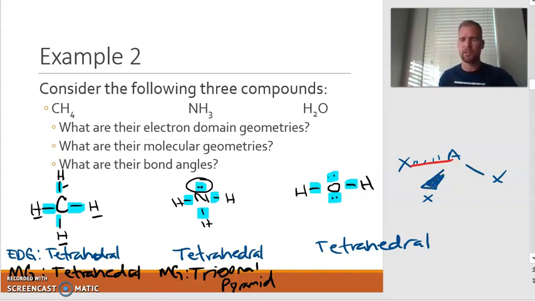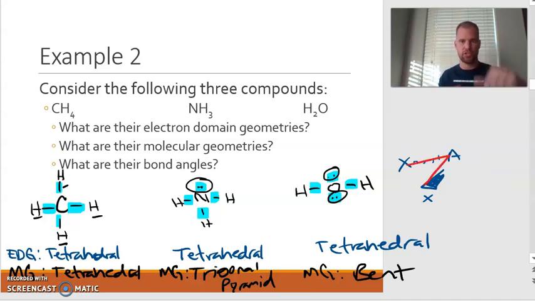And then finally, for the last one, water, of those 4 electron domains, 2 of them are lone pairs. And so that actually ends up giving us a molecular geometry that is bent. If you were to visualize that, it's like saying, remove another one of these atoms, notice what shape you end up having. You end up having a bent shape.